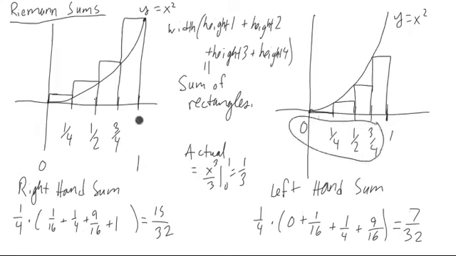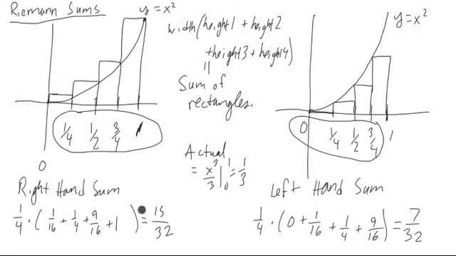For the right-hand sum, it's like we're plugging in these points here. So really, if you just get the endpoints of all the little subintervals for the rectangles, for a right-hand sum, you just eliminate the first guy. For a left-hand sum, you just eliminate the last guy, and basically just plug in, get all the y values, multiply by the common width, and there's your approximation.